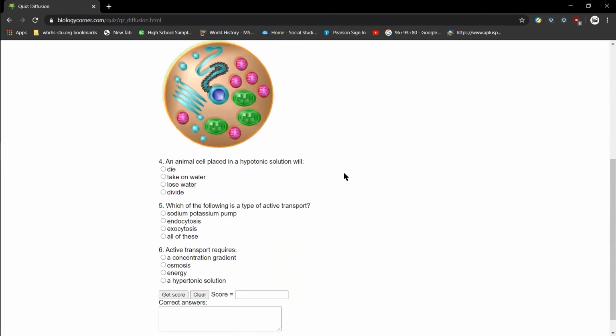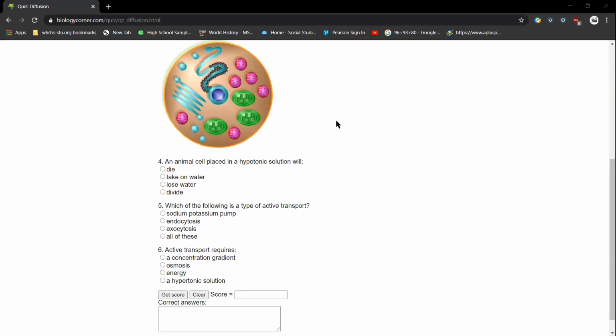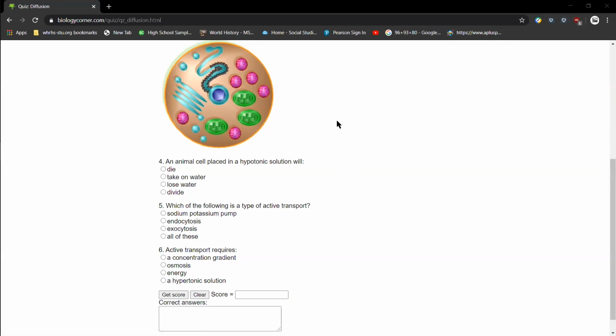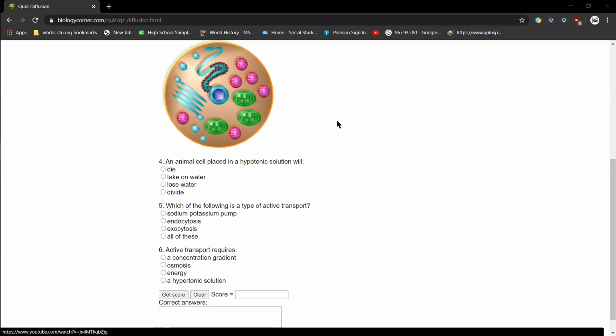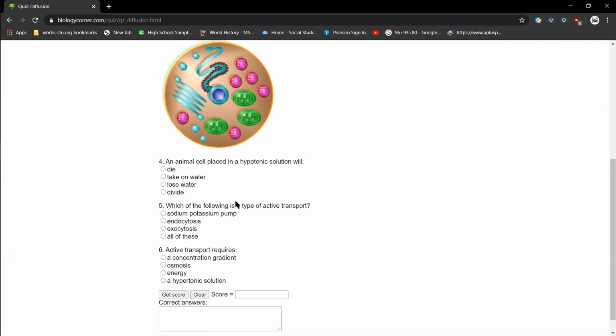Okay, next question. An animal cell placed in a hypotonic solution will... So if an animal cell is placed in a hypotonic solution, it's going to gain water.